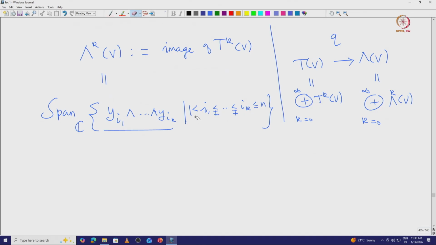So, you can actually put this restriction on i1 etc. ik. So, this i1 must be strictly less than etc. strictly less than ik.